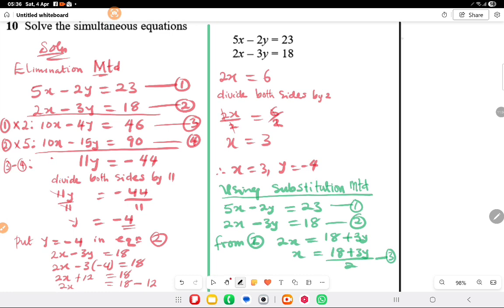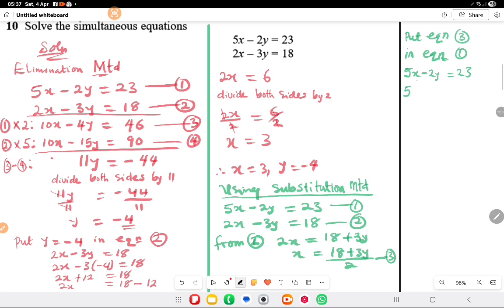Next step, we put equation 3 in equation 1. Because we used equation 2 to form equation 3, we are not going to put it back into 2. We have to put it into 1. And when we do that, we have equation 1 is 5x minus 2y equal to 23. Then whenever we see x, we substitute equation 3.